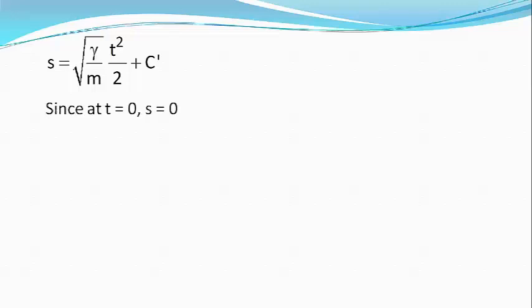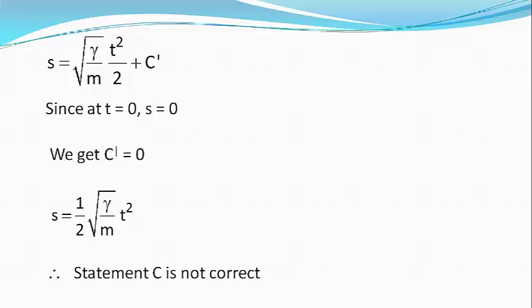Since at t equals 0, the displacement s equals 0, this gives c' equals 0, or s equals half into root of gamma/m into t squared. That shows displacement s, or the distance covered by the particle, is proportional to t squared, hence statement C is false.